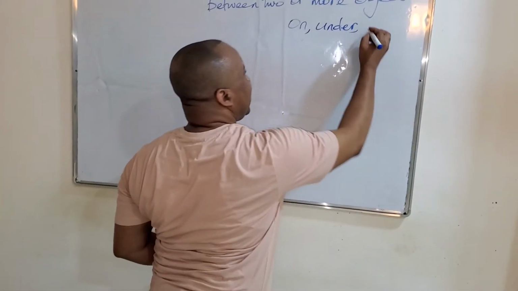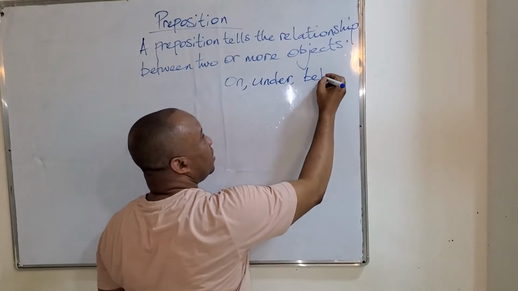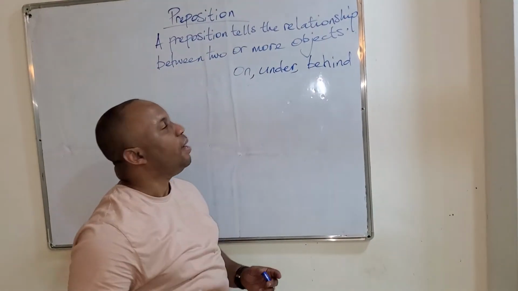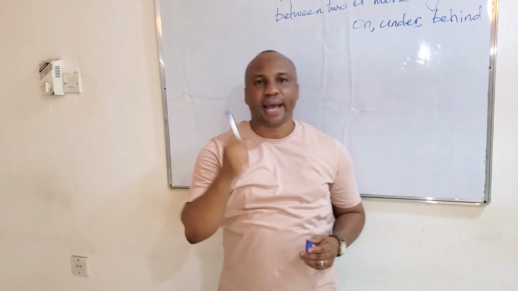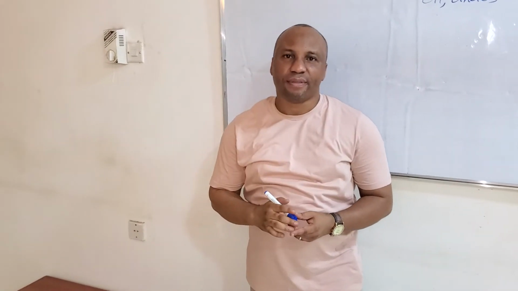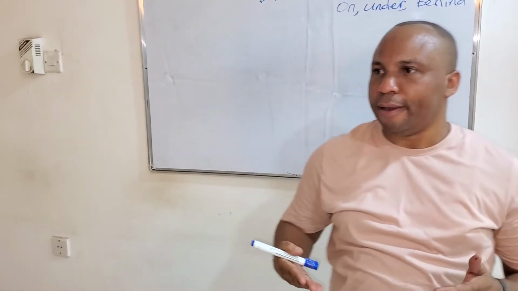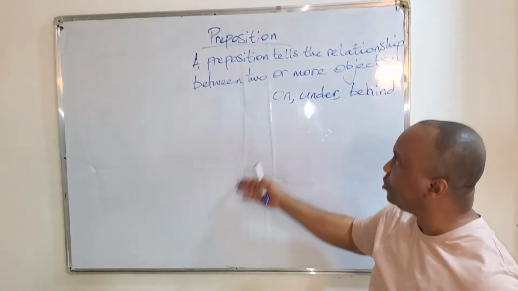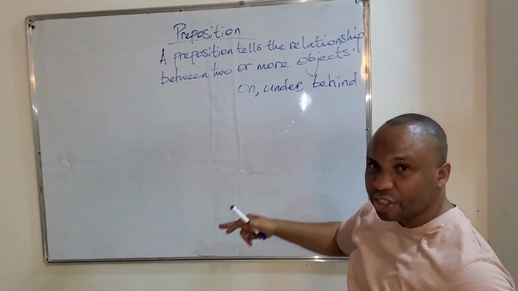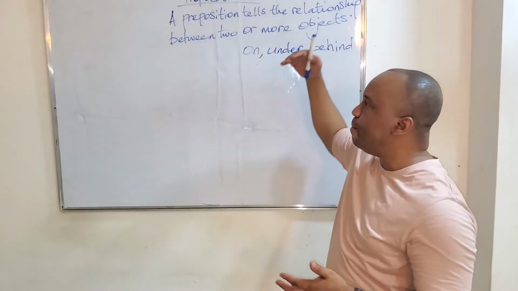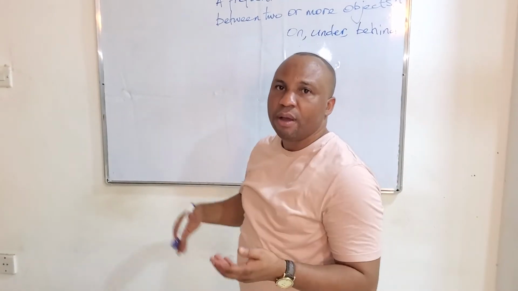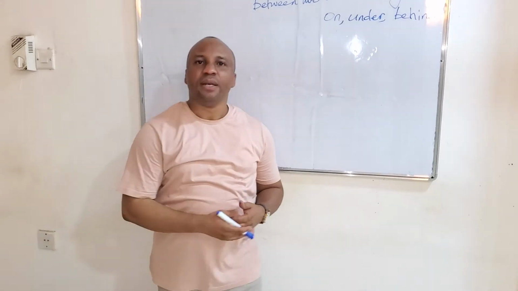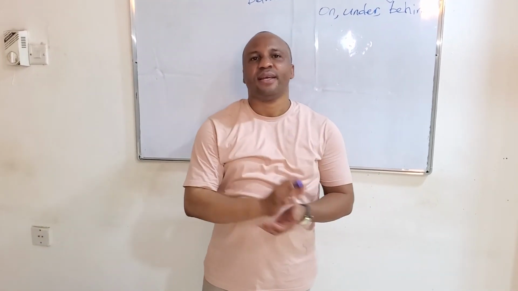So behind tells the relationship between the marker and the table. So that is the definition of a preposition. A preposition tells the relationship between two or more objects. Okay, we have so many of them: in, on, at, for, between, behind, etc.